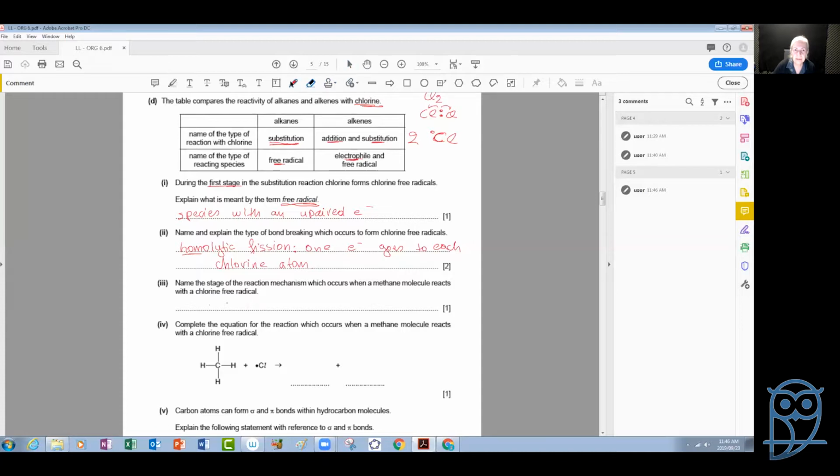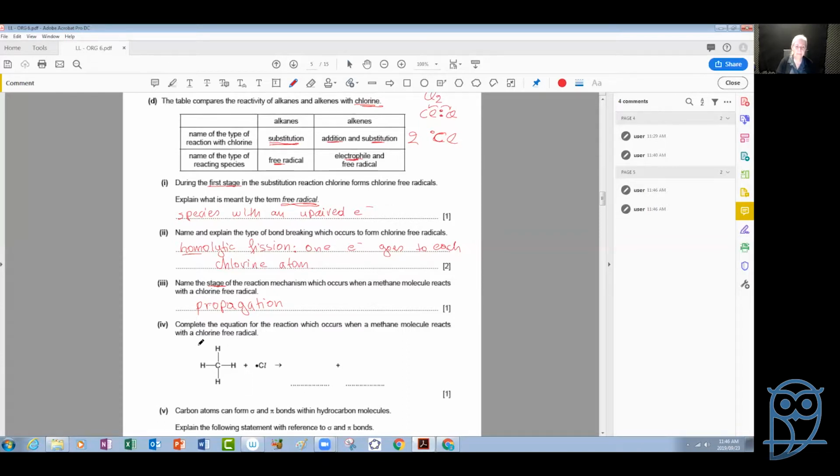This happens in the second stage, after the initiation stage, where the chlorine molecule breaks into two free radicals. So the second stage is the propagation stage, all right?